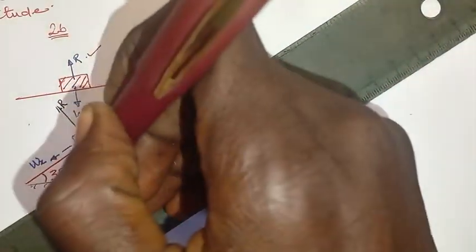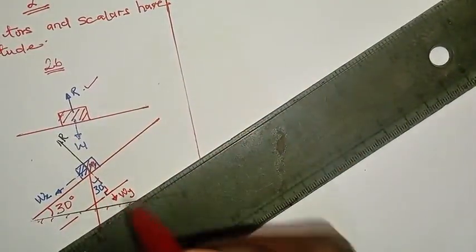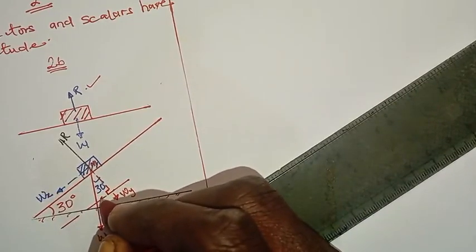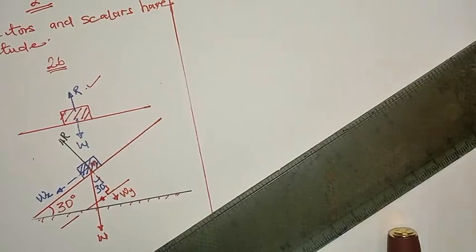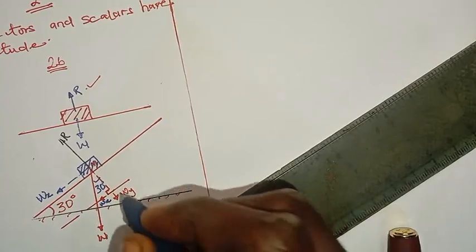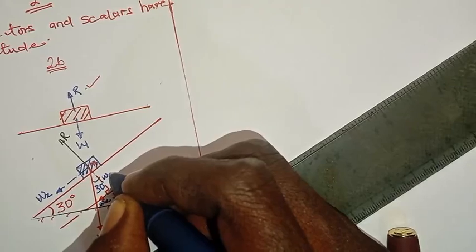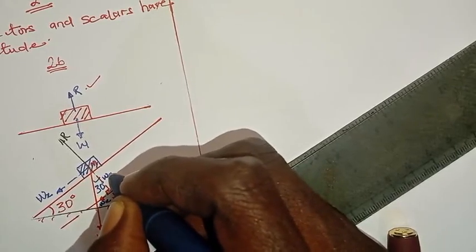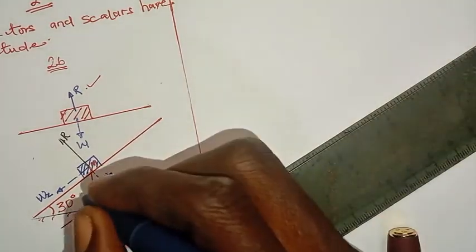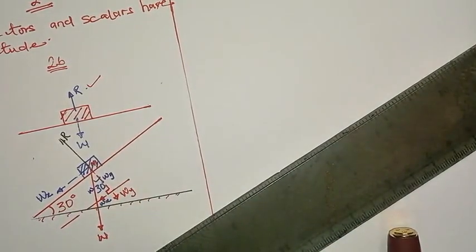So I have a right angle triangle here, and this is still the component along the inclined plane, which is WX. And this vertical one, I can still put it here at the side of my WY. Is that correct? And here, the hypotenuse becomes my W.